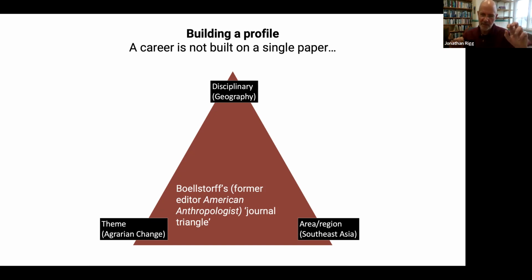And of course, if you target different journals, you're speaking to a different audience, and you're often using the same research to argue points or positions or construct theoretical arguments for different audiences requiring different literatures and so forth. So I think it's worth thinking about this journal triangle when it comes to the evolution of your publication strategy over time. So I put here, a career is not built on a single paper. So think about a medium-term publication strategy. Next slide, Hyun.